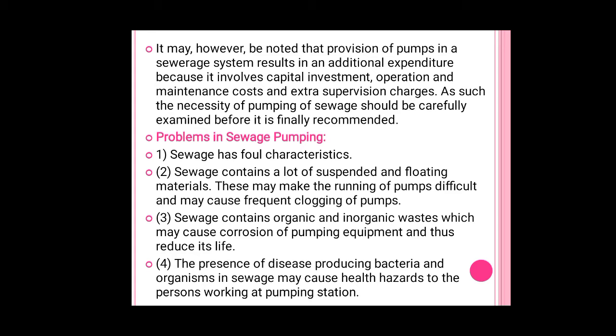This may make the running of pumps difficult and may cause frequent clogging of the pumps. Third problem is the sewage contains organic and inorganic waste which may cause corrosion of the pumping equipment, and thus rust is formed, so the life of those pumps gets reduced.